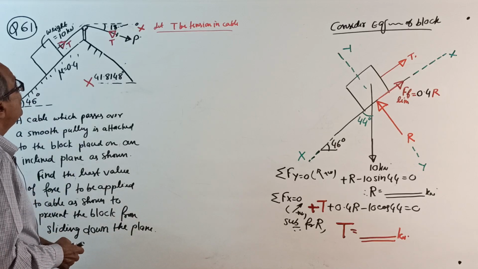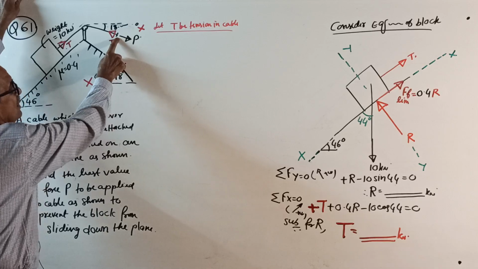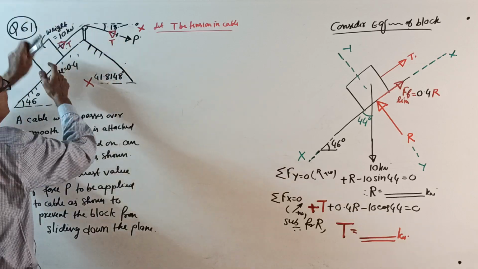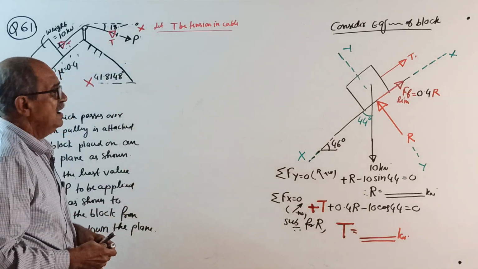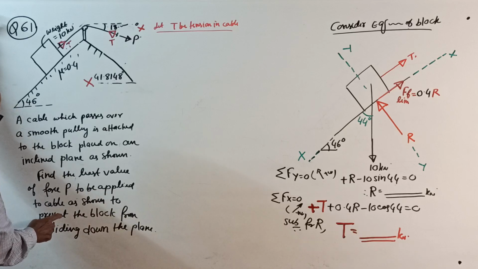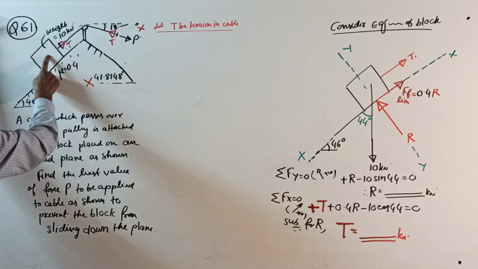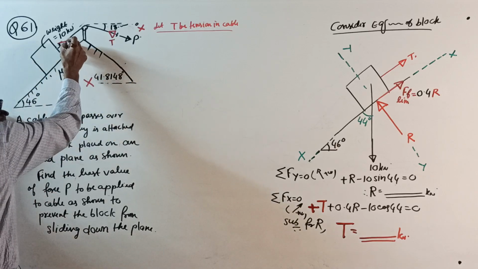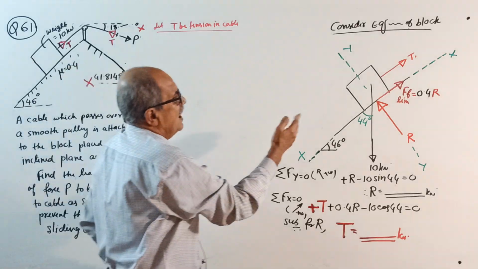Now, correctly observe. They want to find the value of P. You first find the tension in the cable. Then see what happens. As usual, they want the least value of P to prevent the block from sliding down. Therefore, this block will slide down, friction is up.